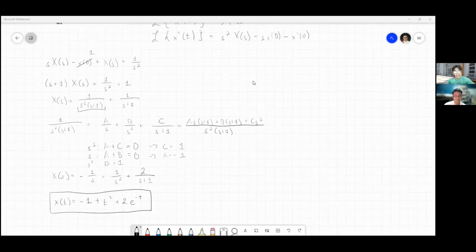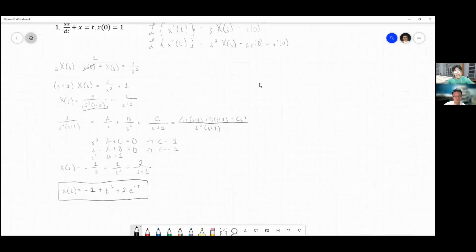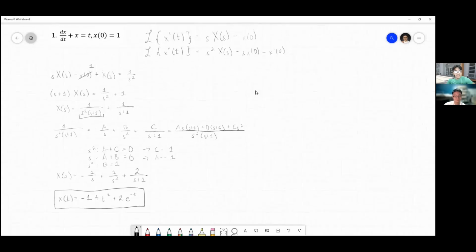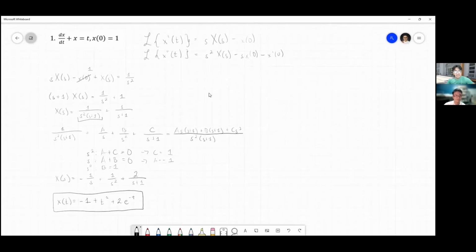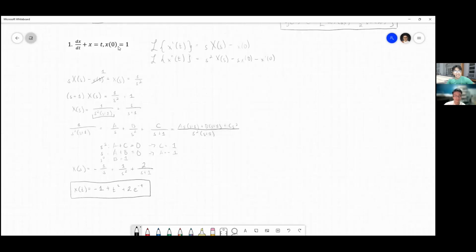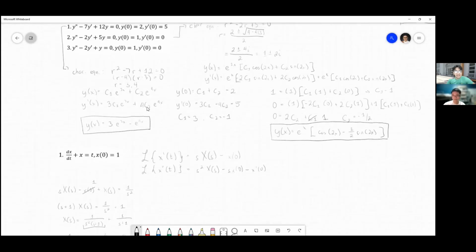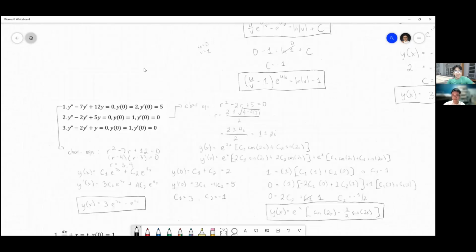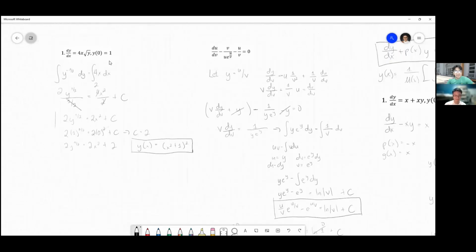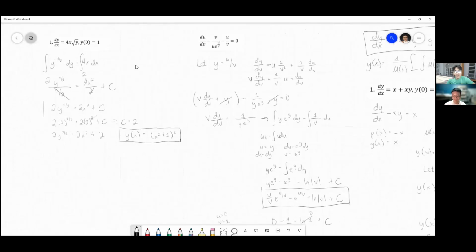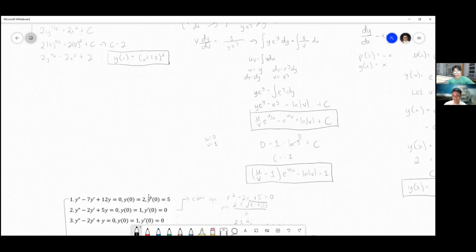I think na-cover naman natin most parts ng pag-solve ng first and second order differential equations. So, actually, pwede nyo siyang i-mix and match. Or pwede nyo gamitin yung other method kung sa tingin nyo pwede siya as long as nakasunod naman sa form. Like for example, yung first order ODE, if homogeneous naman siya, pwede nyo rin siyang isolve using yung characteristic equation.